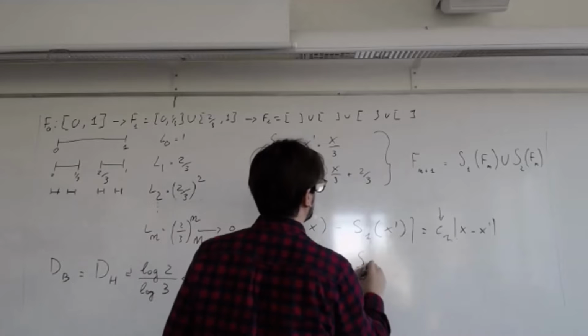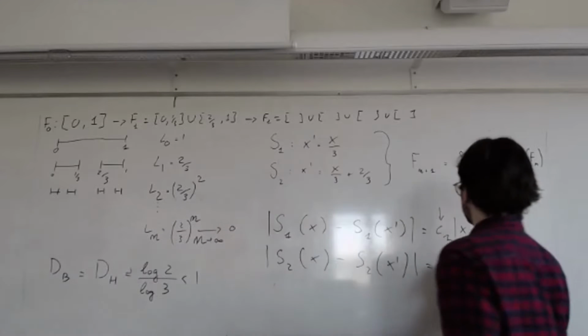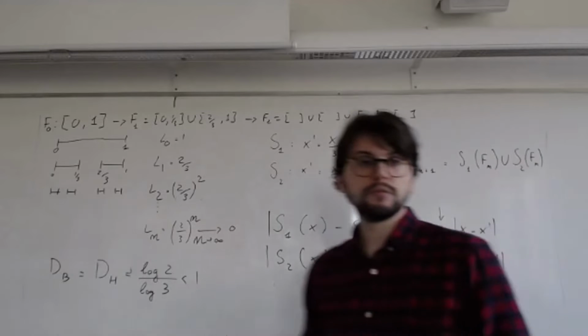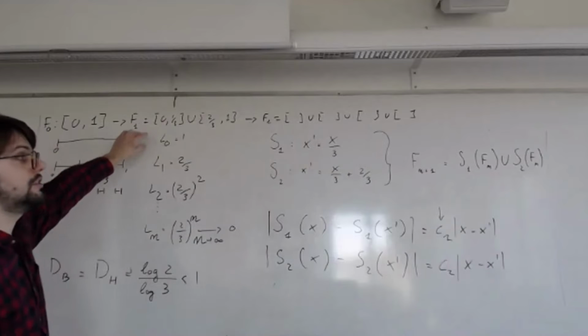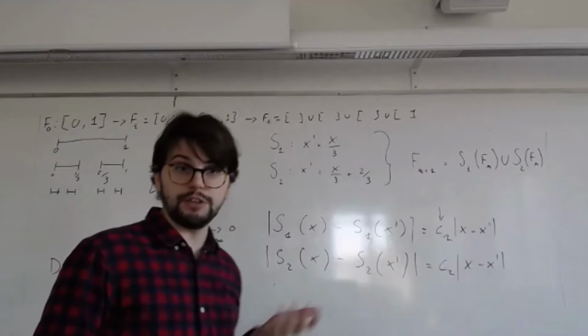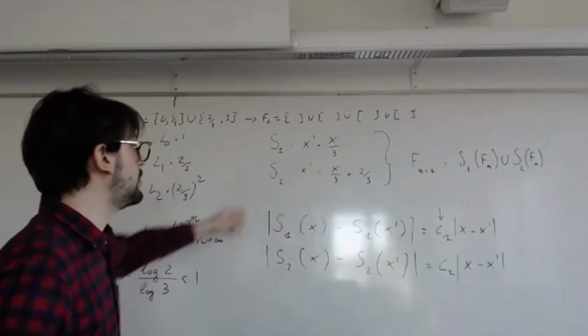I have these two pieces in my piecewise definition. So it's not an iteration like this, but this represents the two pieces. In this specific case, in the Cantor set, I have only two pieces.